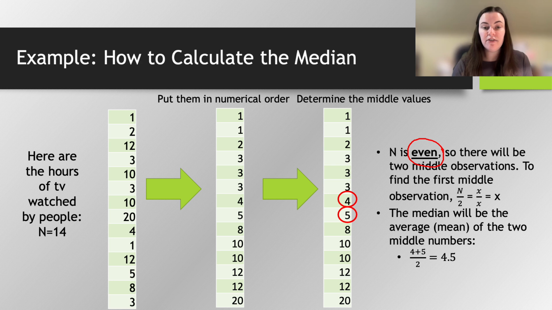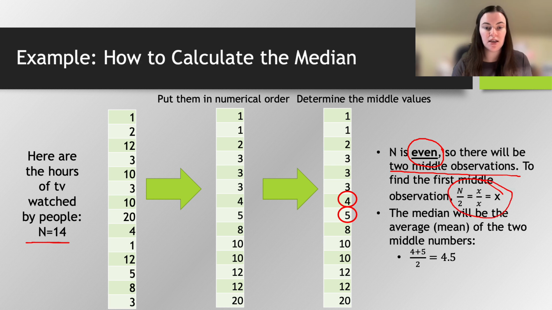If I have an even number, which we do because we have 14 students, we will have two middle observations. When we have two middle observations, to find that middle value, all we have to do is add those together and divide by 2.